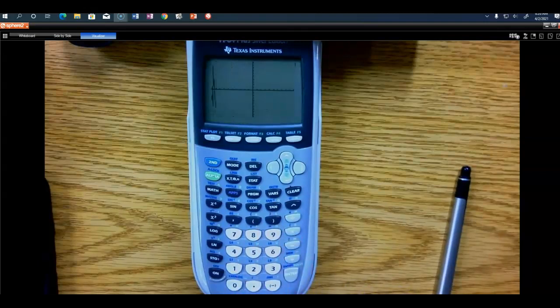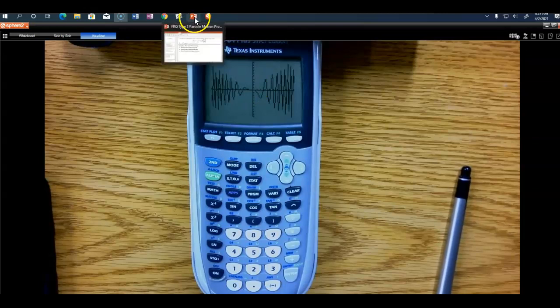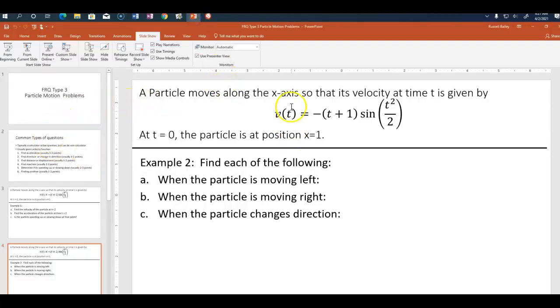And what that does is it takes you to a standard 10 by 10 view. And now that I look at this, I realize that I probably should have put a limit on what interval we're looking at, because since this thing is oscillating, it goes off into infinity, so we'll never have a solid set of answers.